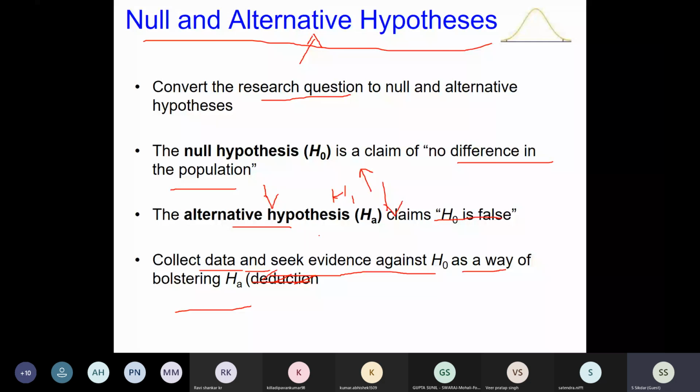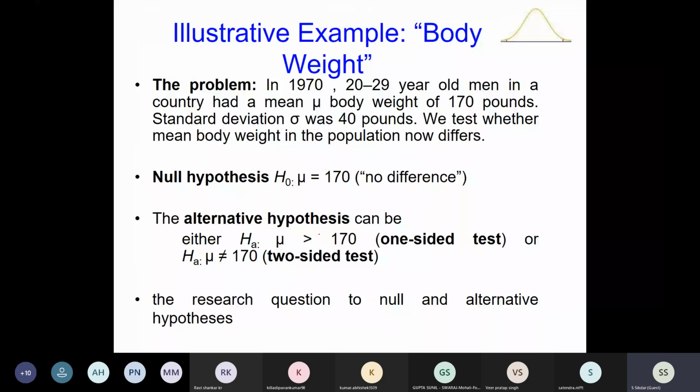Now, let's take another illustrative example. Let's say in the year 1970, 20 to 29-year-old men in a country had a mean body weight of 170 pounds, and the standard deviation was 40 pounds. You can understand that it is pounds, maybe in Britain or some other western country.